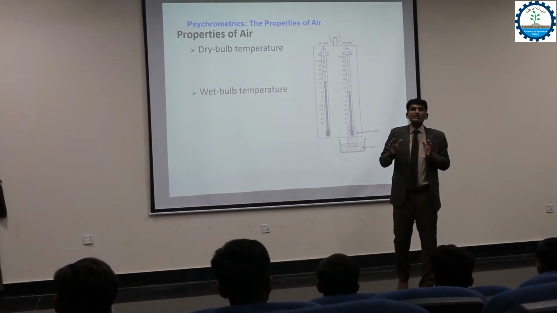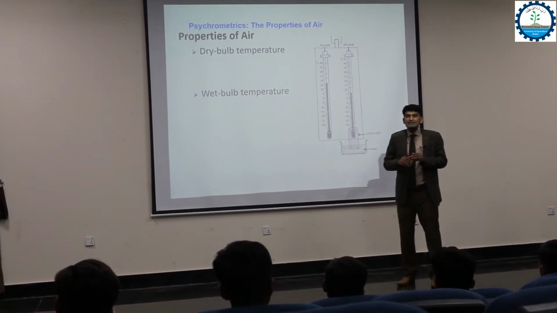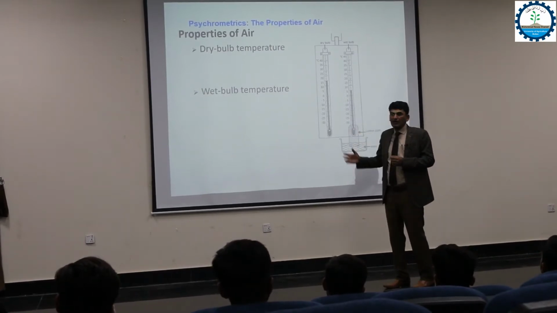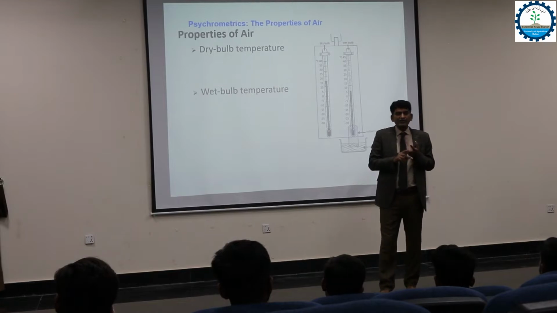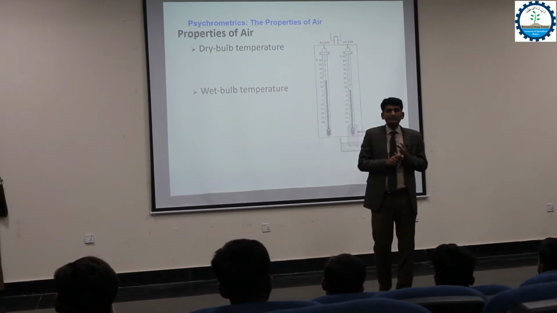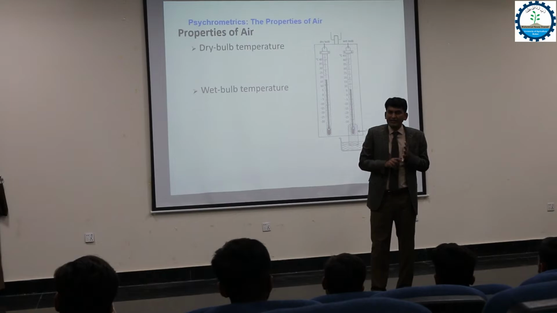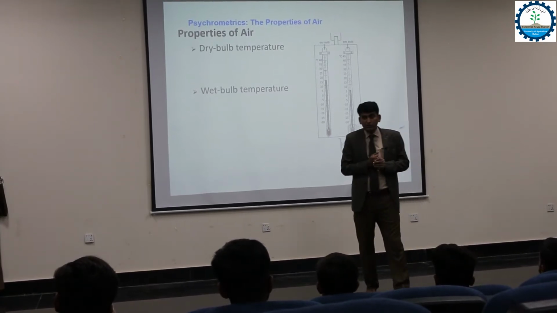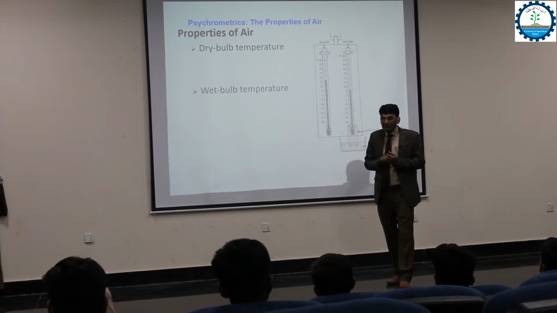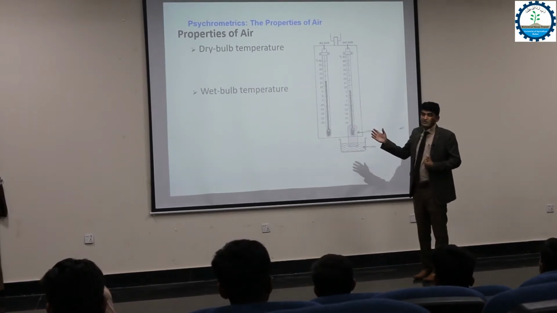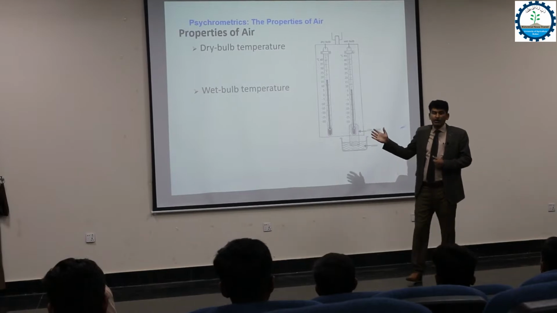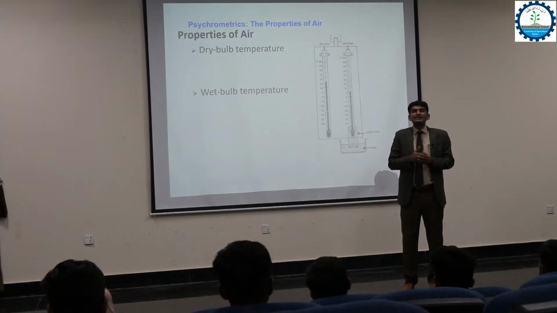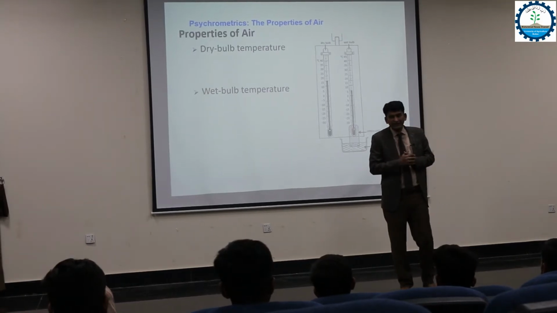So there is a mixture of phenomena which directly or indirectly affect parameters like dry bulb temperature, wet bulb temperature, enthalpy of the system, relative humidity, absolute humidity, or you can say the humidity ratio, and the vapor pressures. So all these parameters we will discuss one by one. What are these parameters, and how we can predict them from our psychrometric chart.